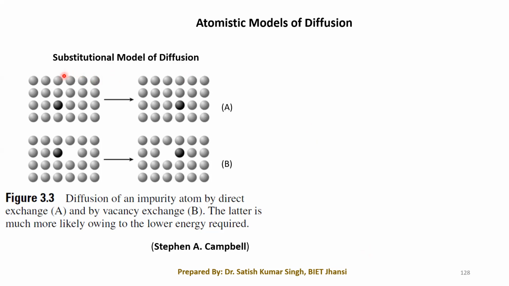Like here, let's assume that at this particular site there should be a silicon atom, but because there is a point defect, there will be vacant spaces in the periodic lattice. Whenever there are point defects in our crystal structure, these point defects act as vacant sites.